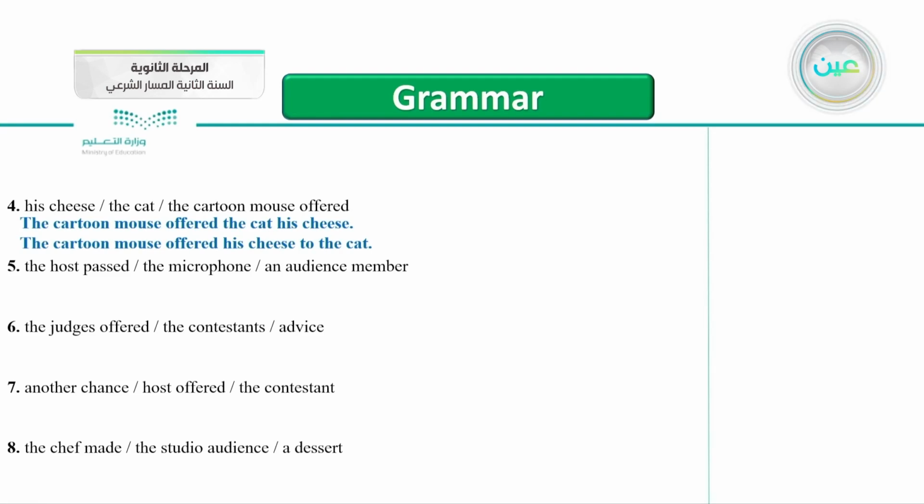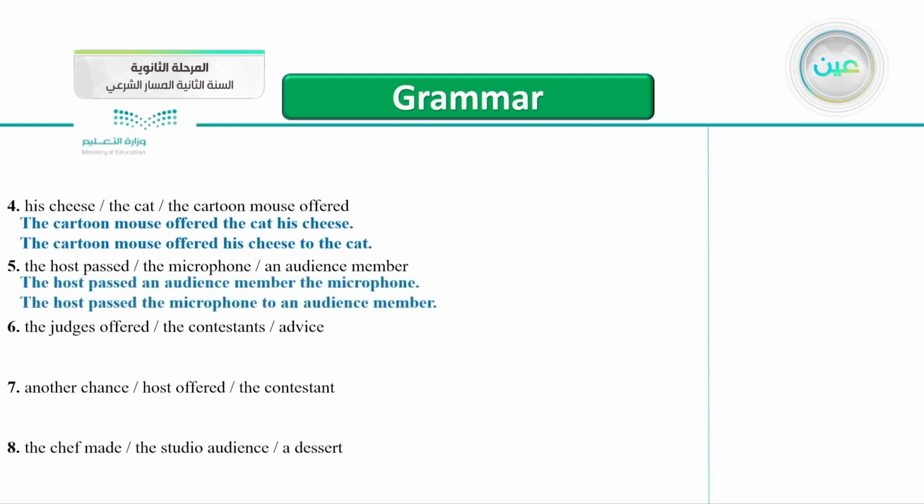Number 5, the host passed the microphone an audience member. Very good. Now you got the hang of it, really. The host passed an audience member the microphone. The host passed the microphone to an audience member. What about number 6? The judges offered the contestants advice. This is an easy one.